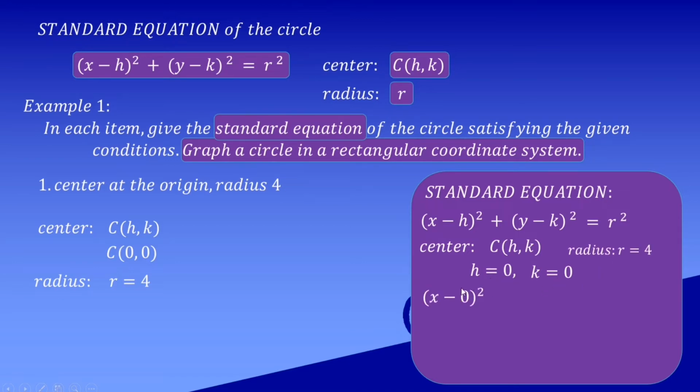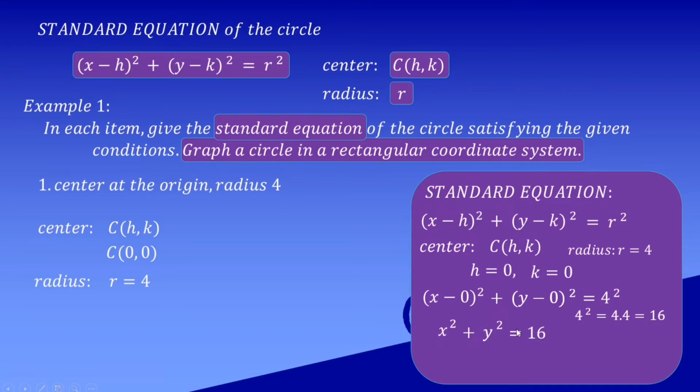Then let's substitute the value of h, 0, and k, 0. So (x minus 0) squared plus (y minus 0) squared is equal to 4 squared. Then x minus 0 is x, squared, plus y minus 0 is y squared, and 4 squared, 4 times 4, is 16.